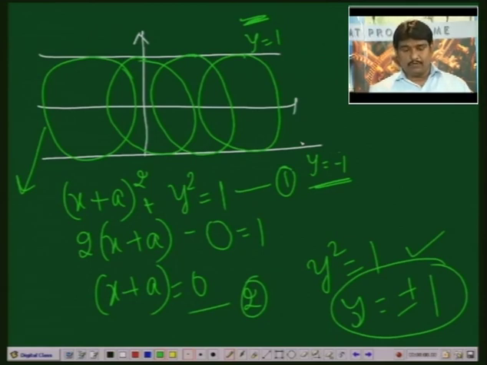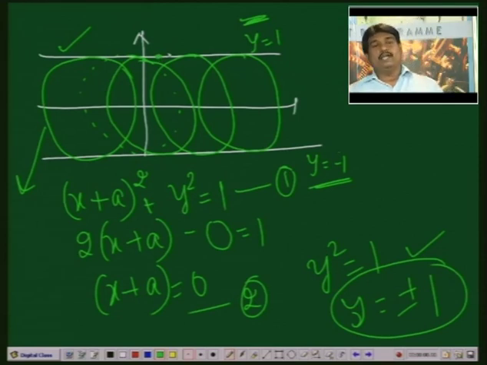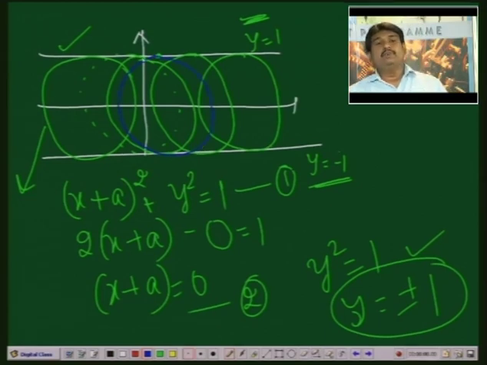And there is a particular property, you can see y equals to 1 touches every member of the family, whatever circle you consider, it touches that circle, and also every point on the line y equals to 1 or y equals to minus 1 is a point of intersection of this line with a member of the general solution.